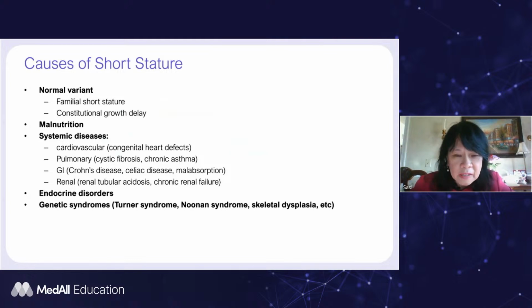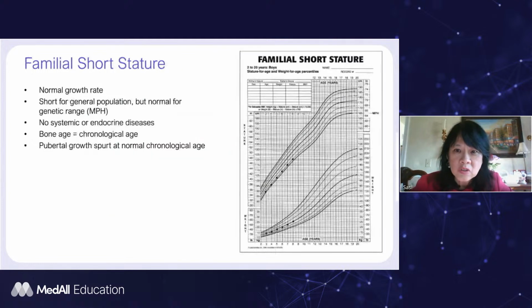And then we have endocrine disorders, which I will show later, what could be the causes of short stature due to endocrine disorders. And we also need to think about Turner syndrome, Noonan syndrome, many genetic syndromes that can present with short stature, Silver-Russell syndrome, that's just one of the many genetic syndromes that can have short stature.